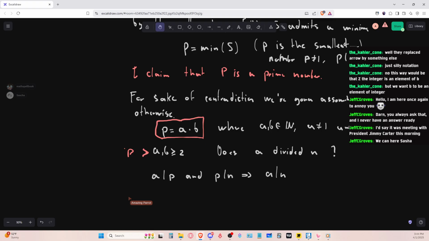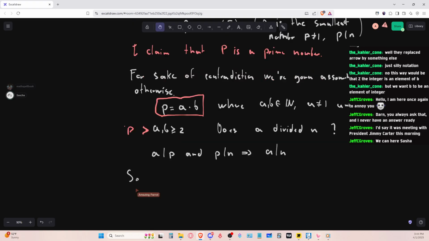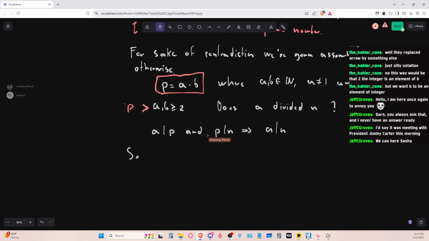So do you agree that what we have so far is that A is greater than or equal to 2, strictly smaller than P, and A divides N? Okay, now we're looking for a contradiction.